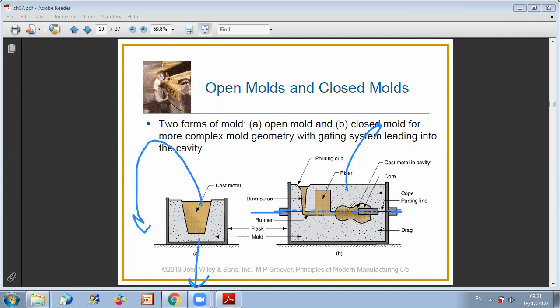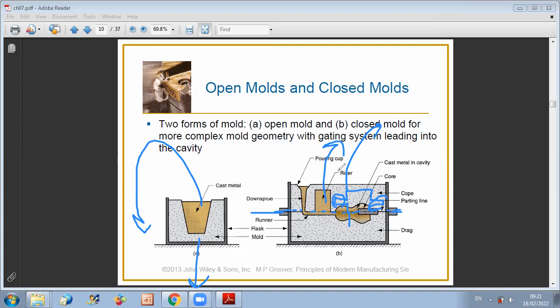For example, if you have shapes like this, with a larger width here and then a smaller width here, and you want to open this, you cannot, it will destroy this part. So when you have sophisticated geometries, you might need a destroyable mold. At the end of your solidification process, you destroy it completely to get your final part, and then you can use it just once.